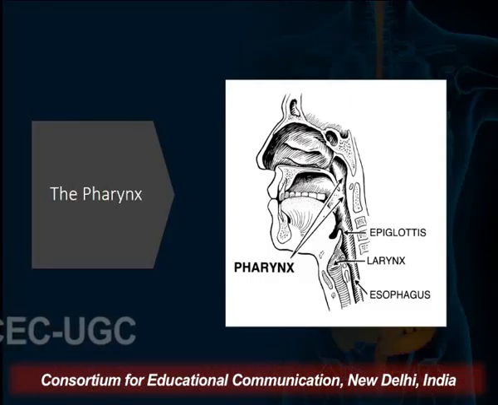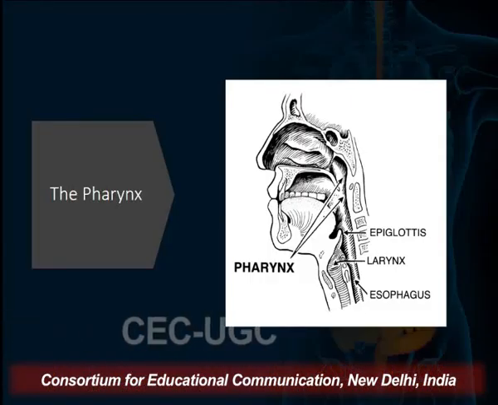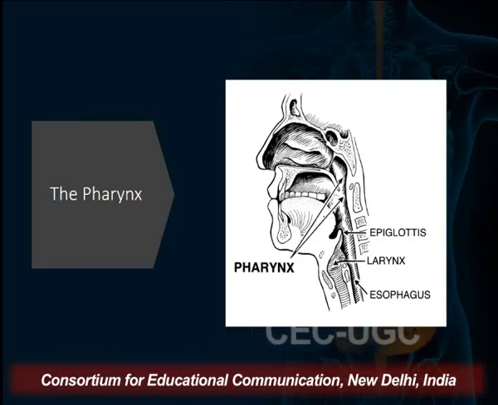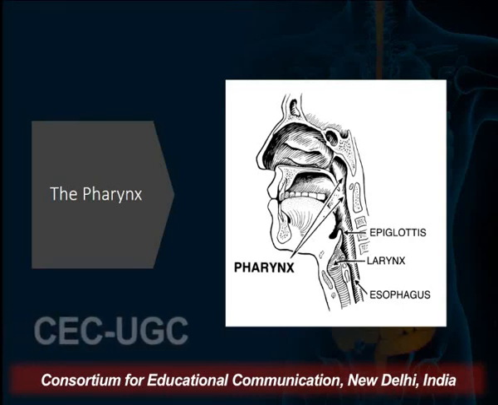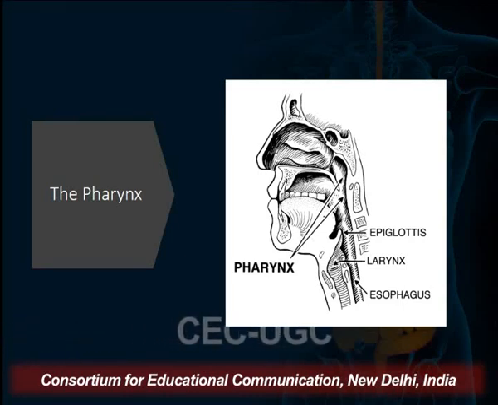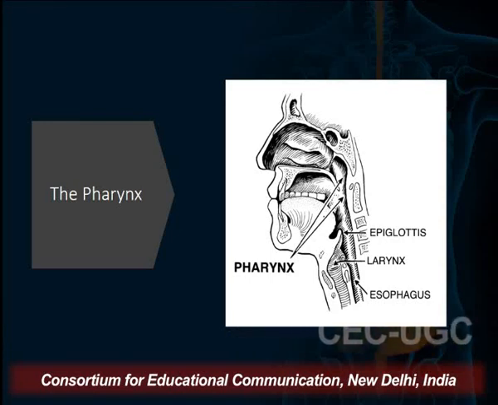The next organ is the pharynx. Also called the throat, the pharynx is the portion of the digestive tract that receives the food from your mouth. Branching off the pharynx is the esophagus, which carries food to the stomach, and the trachea or windpipe, which carries air to the lungs.